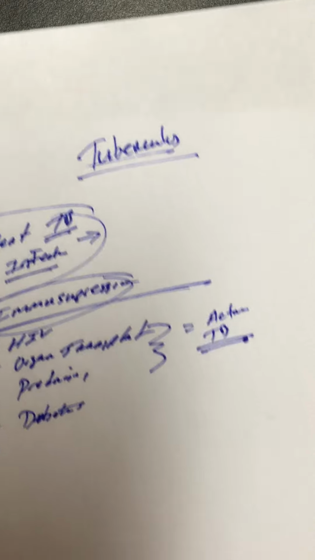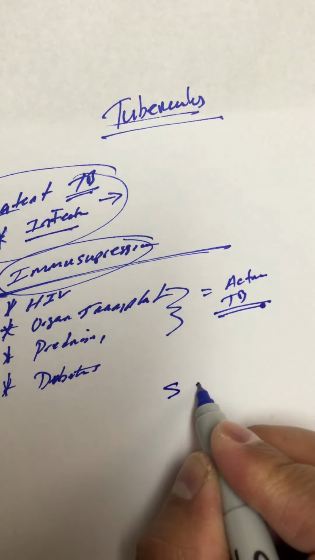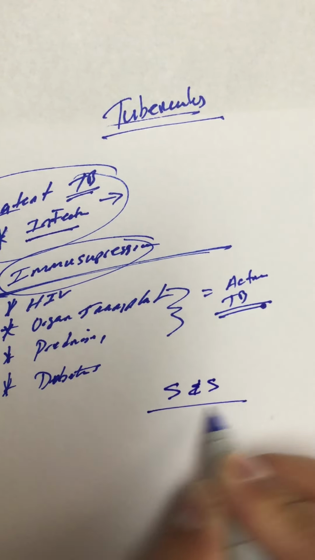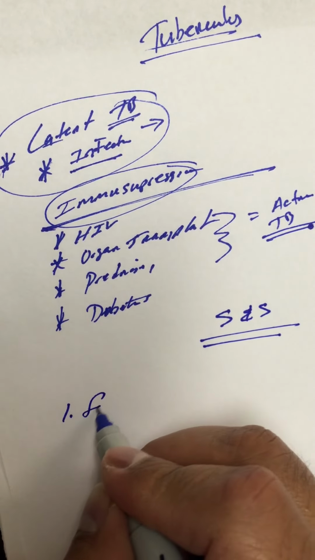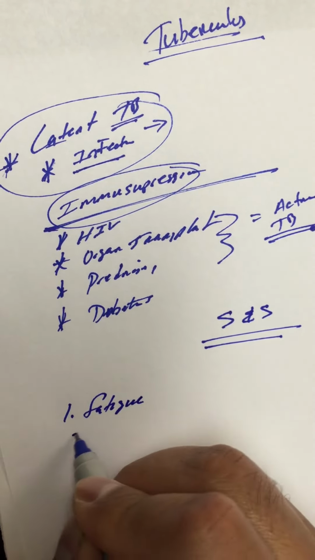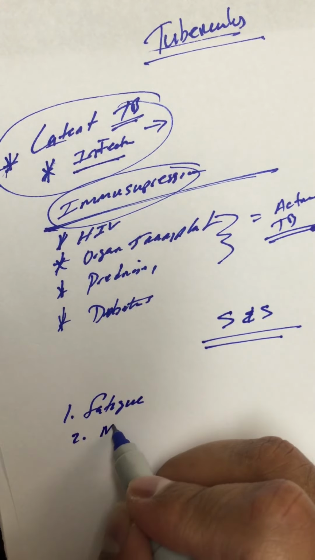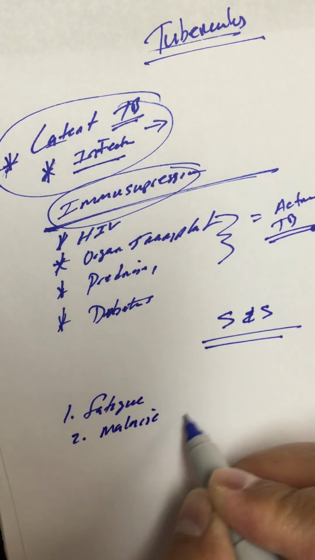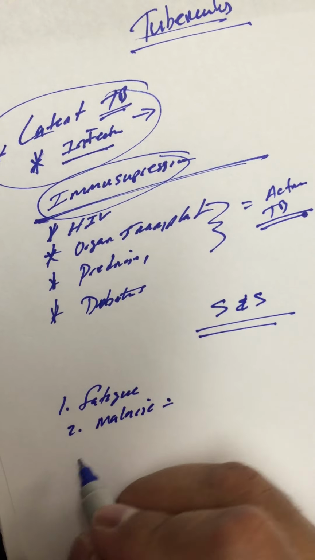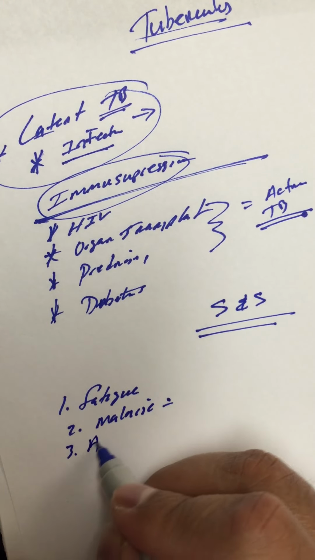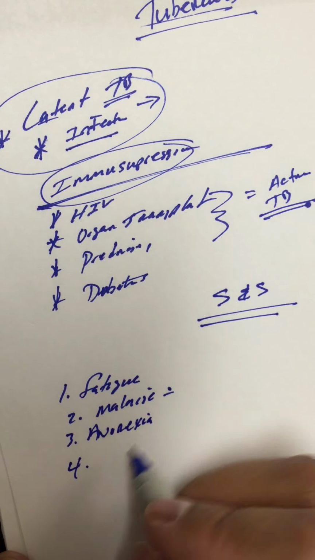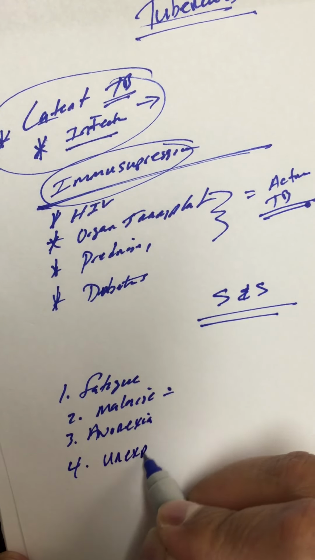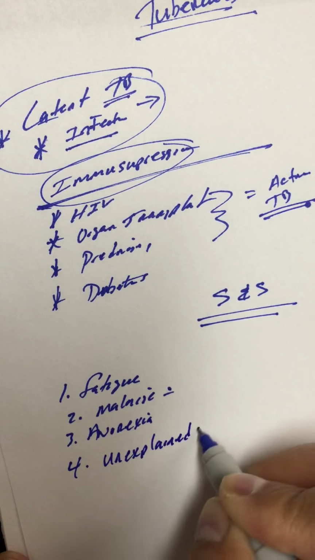Now, what are some signs and symptoms? Let's name a few here. Number 1, fatigue. 2, malaise, feeling tired all the time. 3, anorexia. 4, unexplained weight loss.